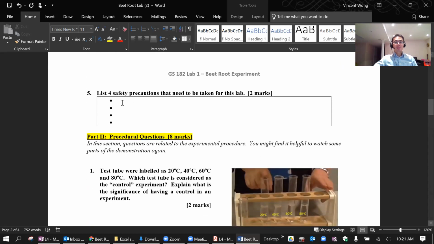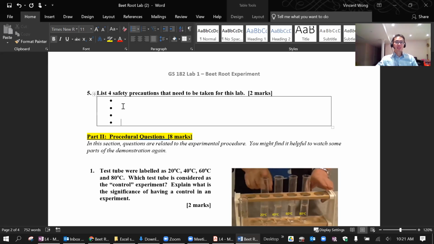Okay, safety precautions. Don't give me things that are not related to the lab. For example, people say, like, watch out for acid burns. We're not using acid in this lab.